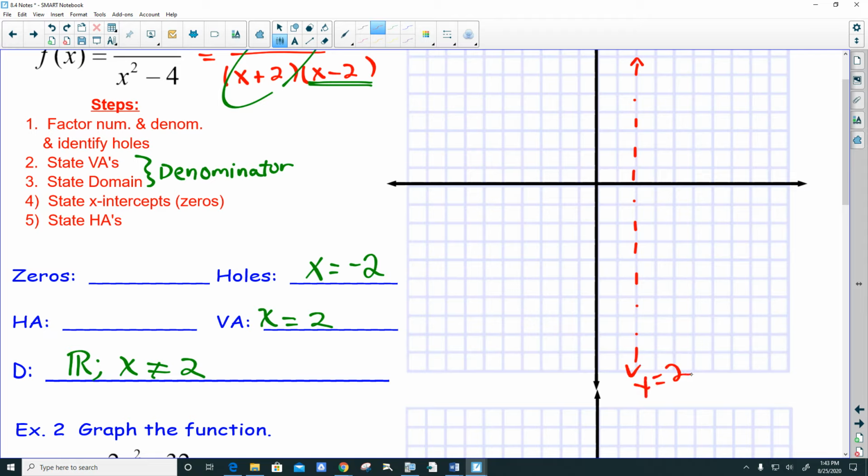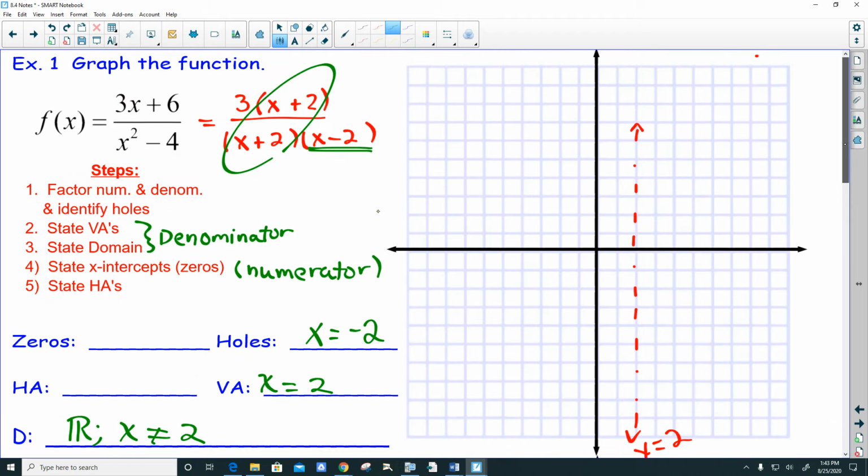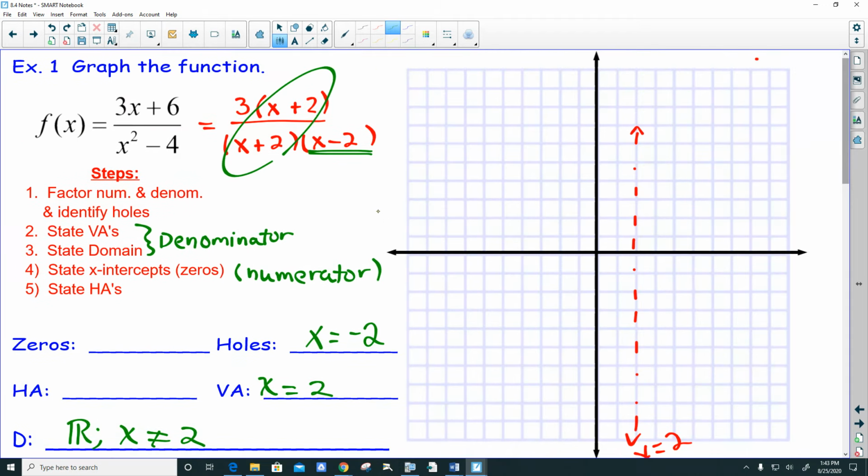Okay, step 4 here, we're going to find the x-intercepts, which are the zeros. You recall those come from the numerator. So now we're going to be looking at our numerator. You want to look at it in its factored form. And you want to pick out any factors in the numerator that have a variable in them that have not been used up as a whole.